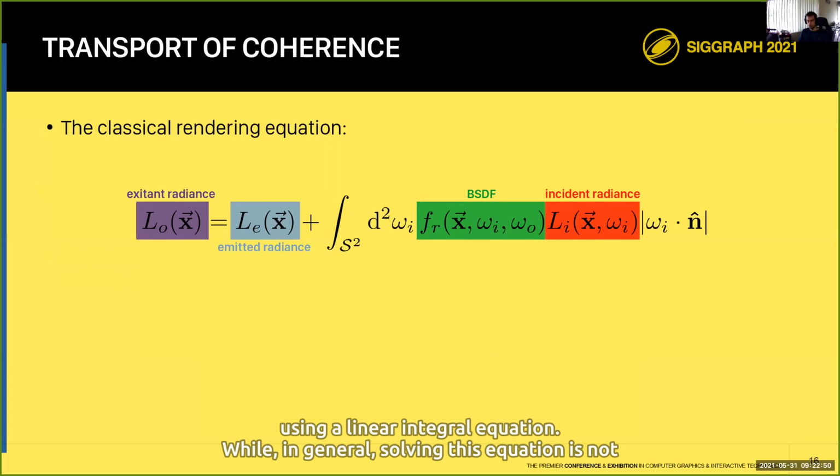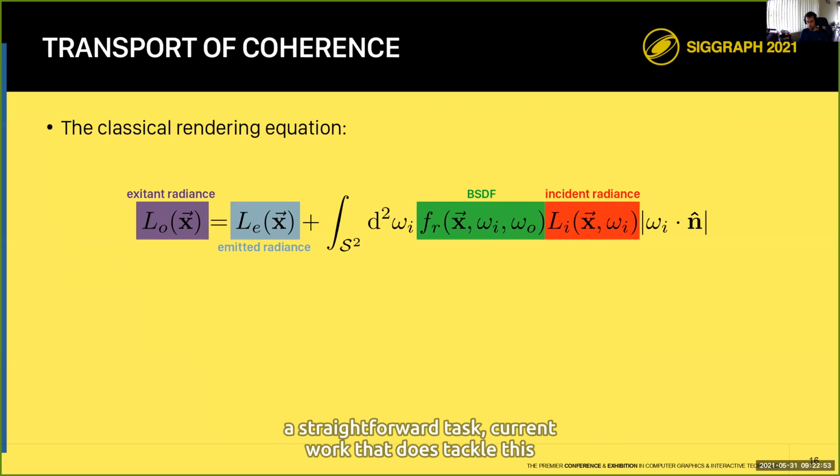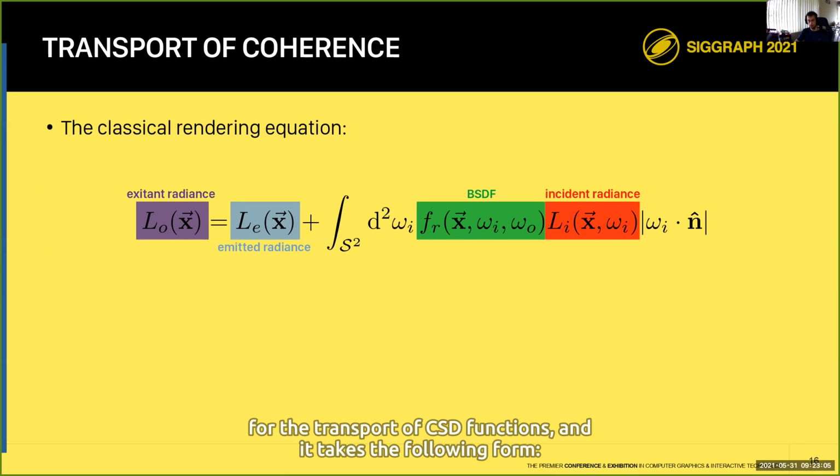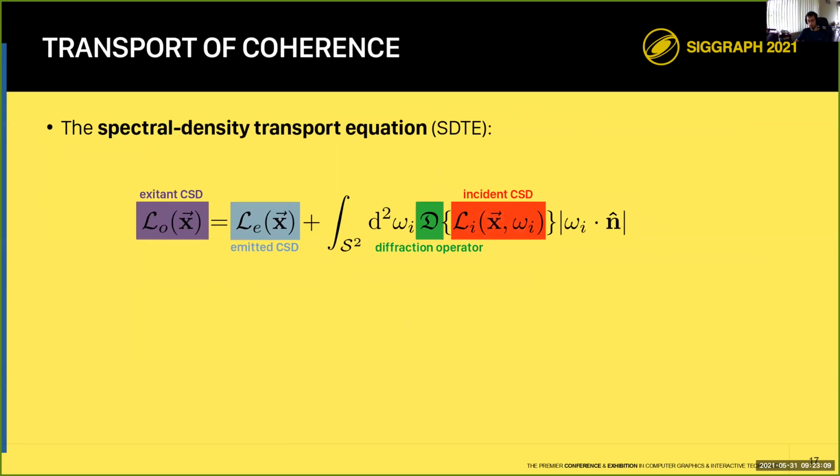While in general solving this equation is not a straightforward task, current work that does tackle this problem takes advantage of the linearity of this equation. In the paper, we derive a similar integral equation for the transport of CSD functions, and it takes the following form.